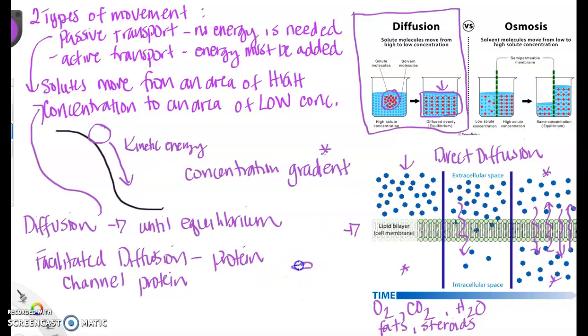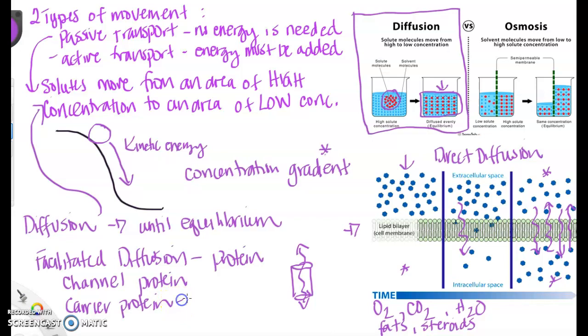So if we have a little channel in here that's open, then things can always move because it's always open. So that's a channel protein. What also can be used is a carrier protein. This is a protein that will change its shape to guide a molecule into or out of the cell.